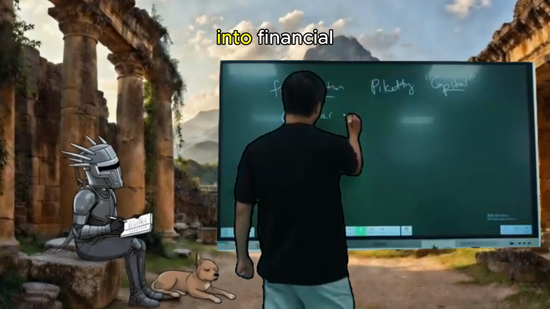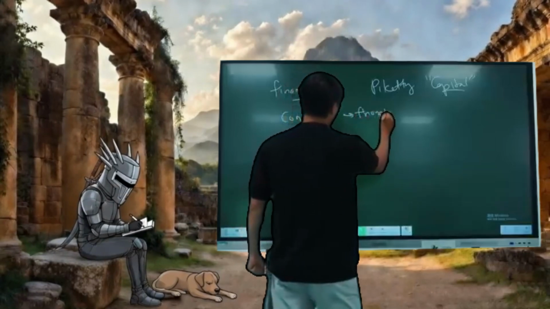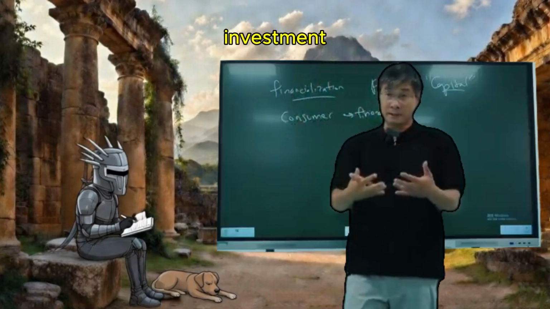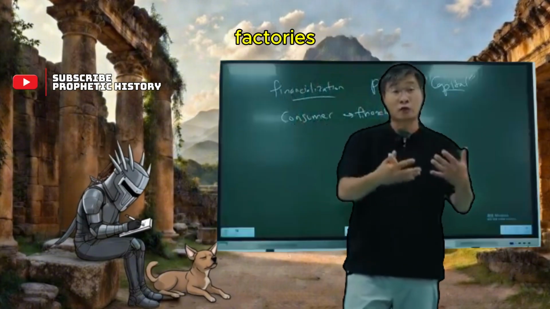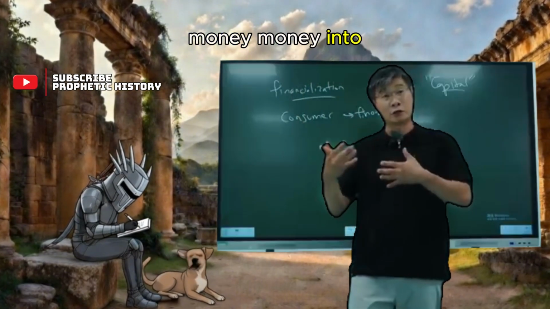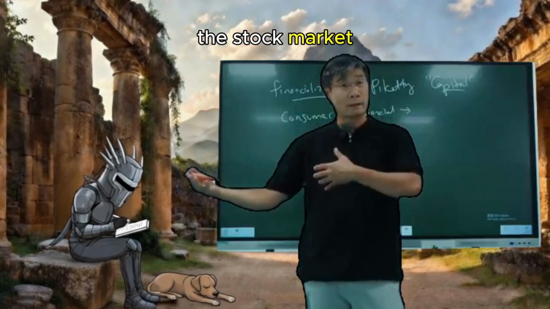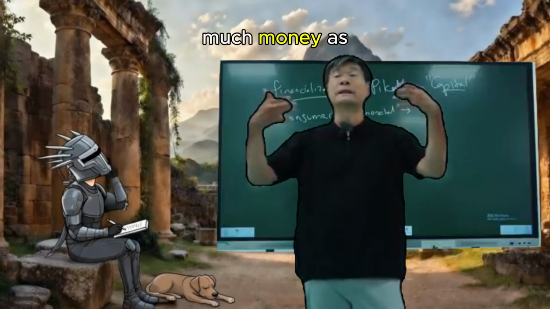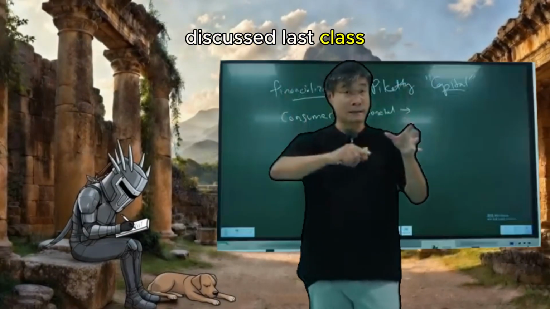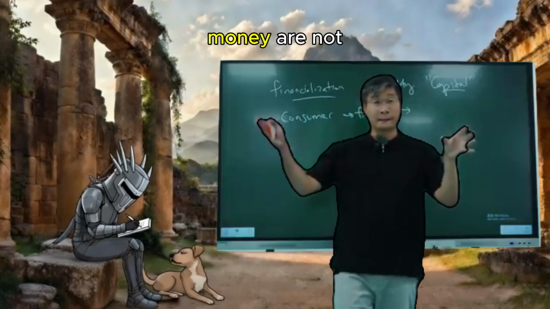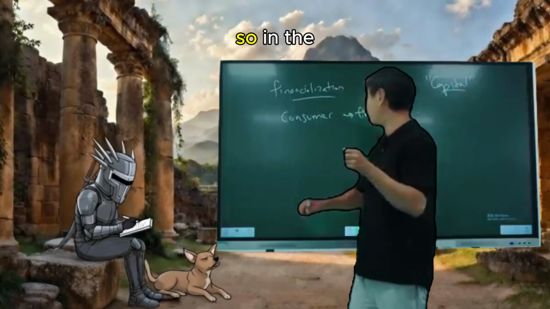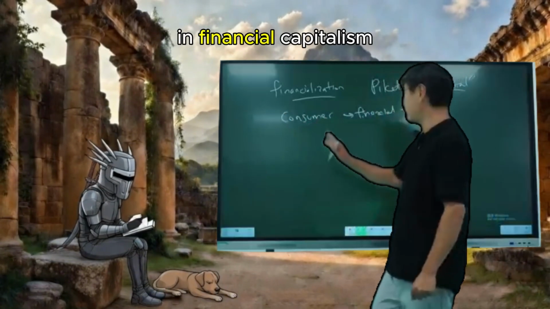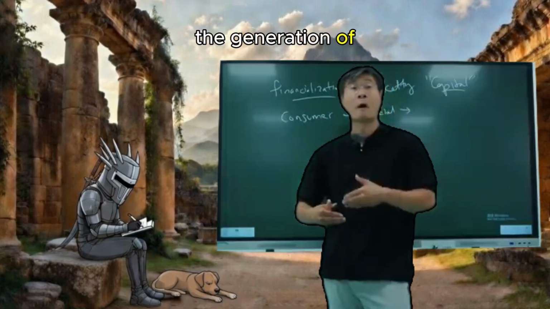Then you move into financial capitalism, which is a period of investment. Rather than build factories, you put the money into the stock market. Okay? So you're trying to generate as much money as possible. But what we discussed last class that's very important is wealth and money are not the same thing. So in the first phase, consumer capitalism, you focus on the generation of wealth. In financial capitalism, you focus on the generation of money.